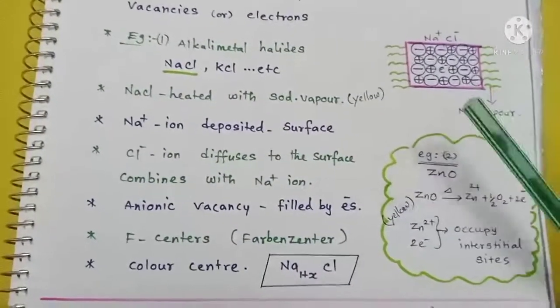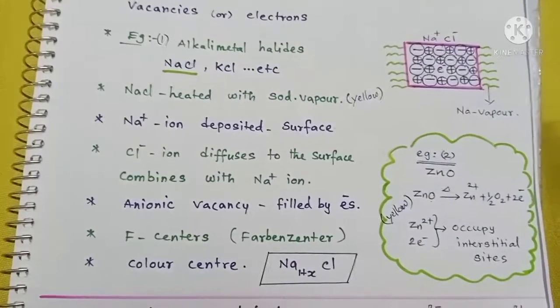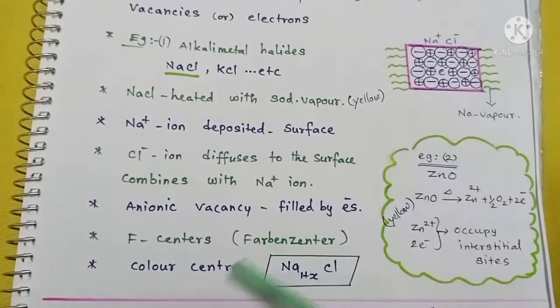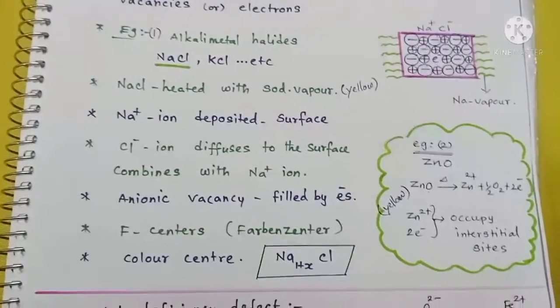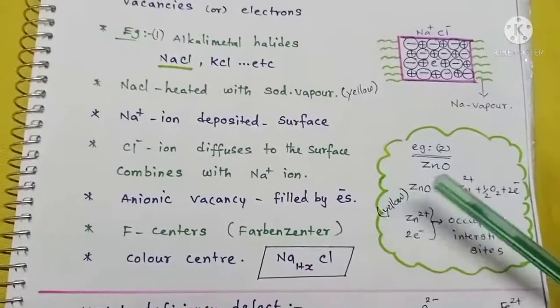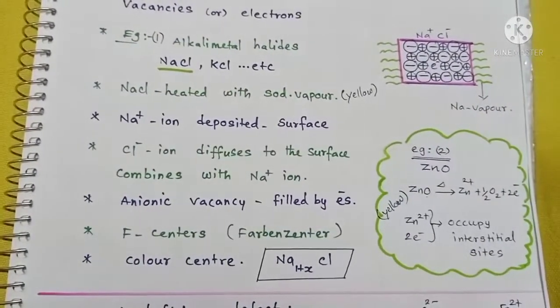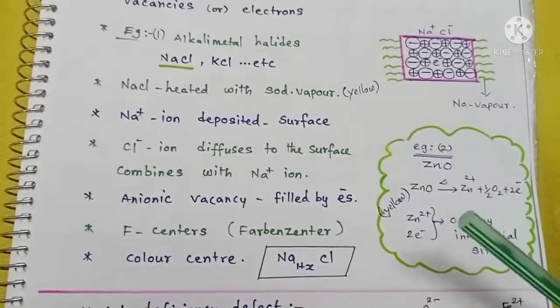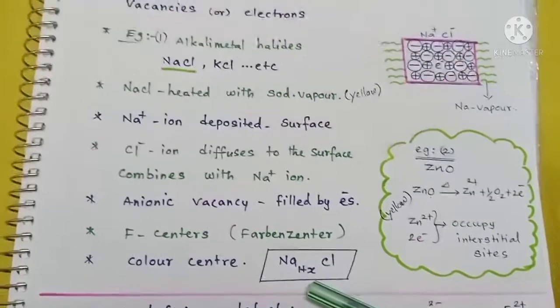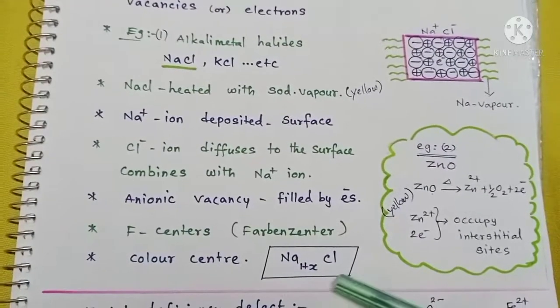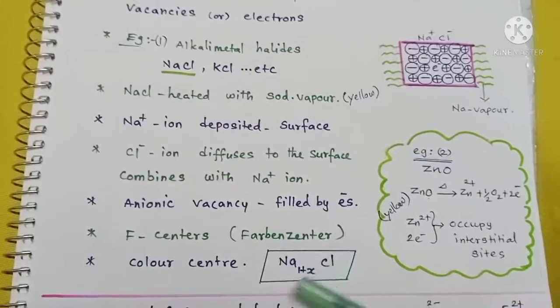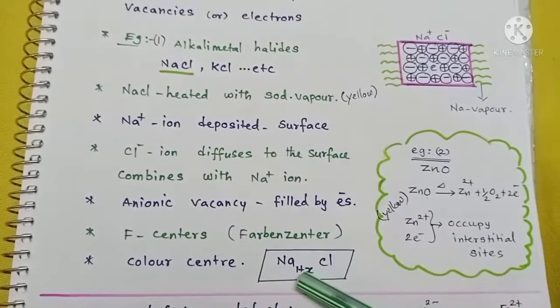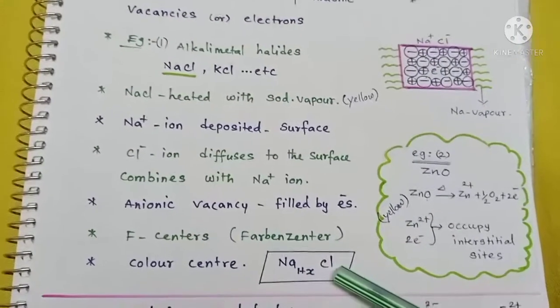That's why these anionic vacancies are called F centers, meaning color centers. In this defect, the number of cations is greater than anions, so the sodium chloride molecular formula can be expressed as Na1+x Cl, which shows that the number of Na plus ions is greater than Cl minus ions.